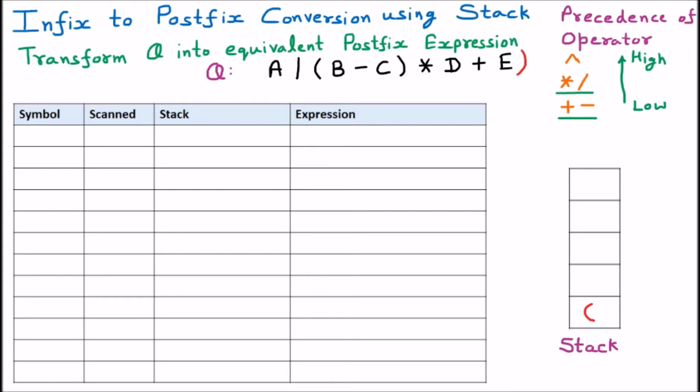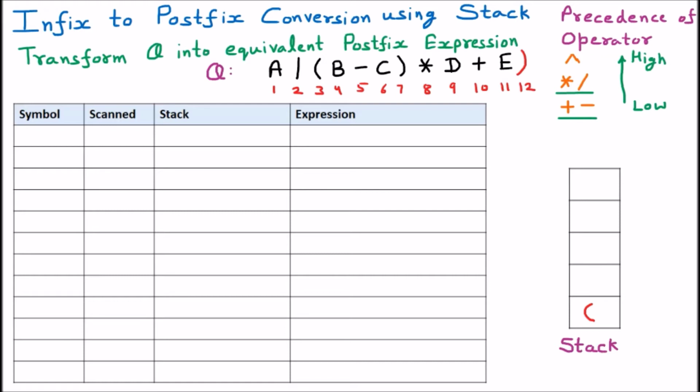Afterward I am going to provide the sequence numbers here: 1, 2, 3, 4, 5, 6, 7, 8, 9, 10, 11, 12. So 12 symbols are there on which we have to work.